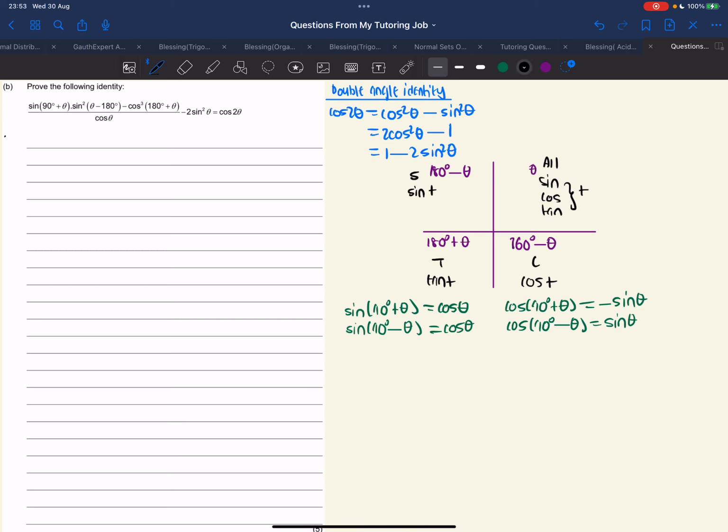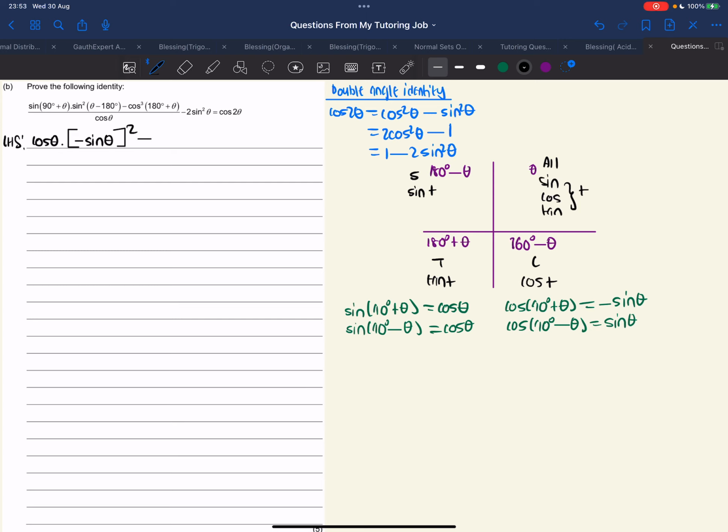So in that question, we're going to see that on the left hand side, remember, we find that sine of 90 degrees plus theta is going to give us cos theta. So we're going to say cos of theta. Then remember, I said that other one is going to be just minus sine theta. Then I'm going to put that in a squared. And then I'm going to say minus.